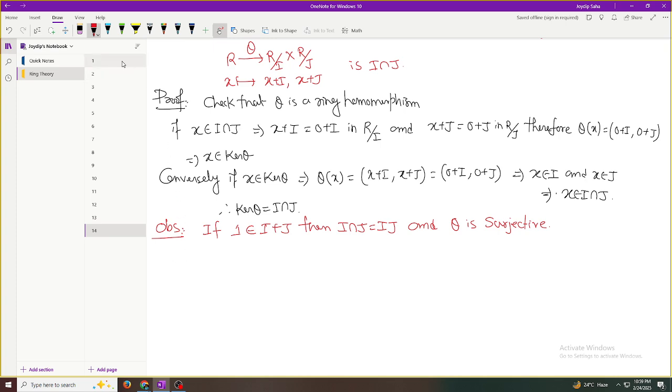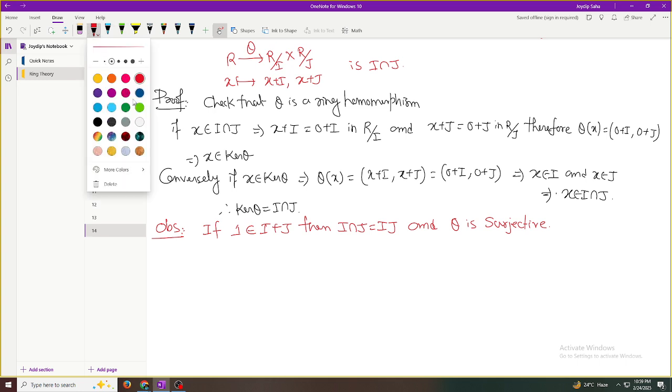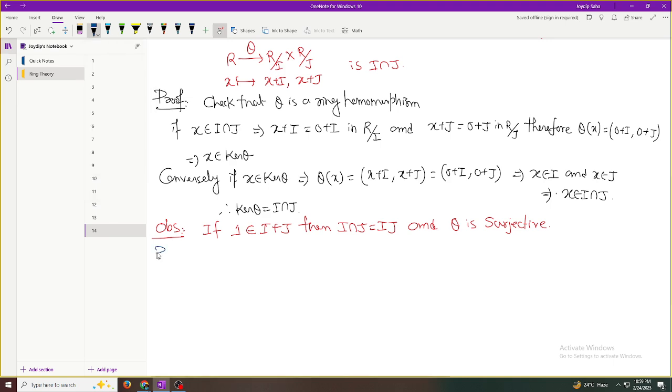Proof. Let 1 equals x plus y, where x belongs to I and y belongs to J.